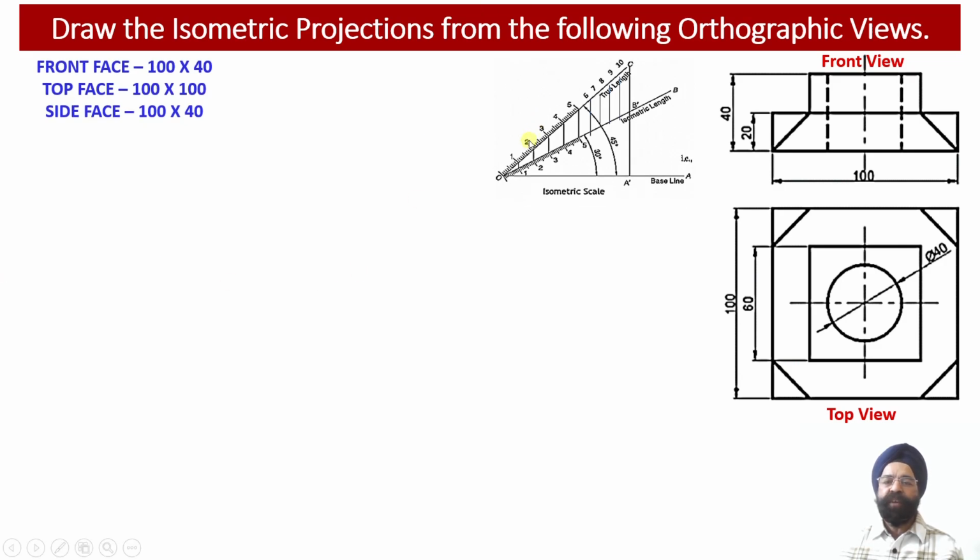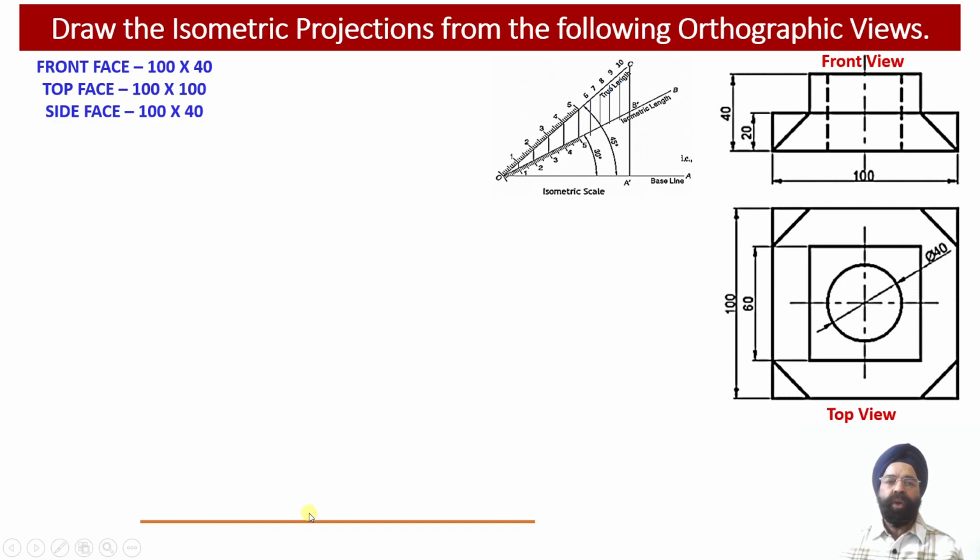So as discussed, first of all, whatever dimensions are available in the orthographic projections will be plotted alongside the true length scale over here, and the corresponding isometric length dimensions we are going to evaluate over here.